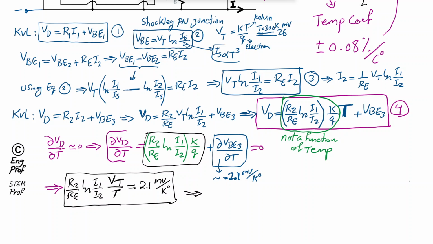I'm gonna move this T to the other side, and I'm going to use the nominal room temperature for the junction temperature.